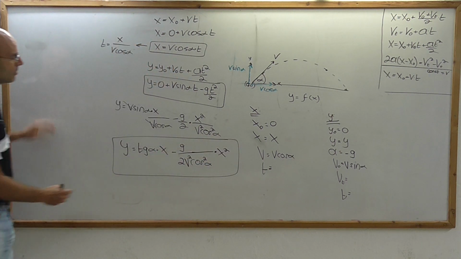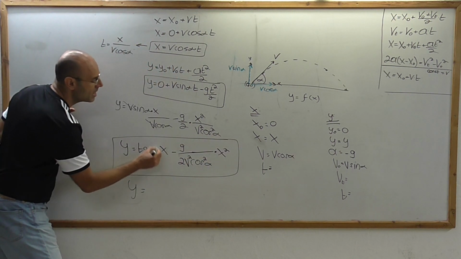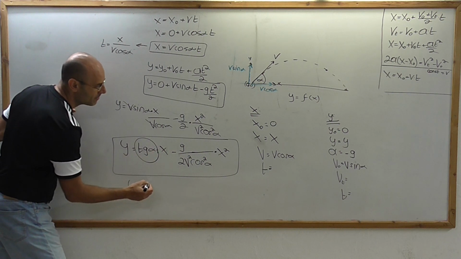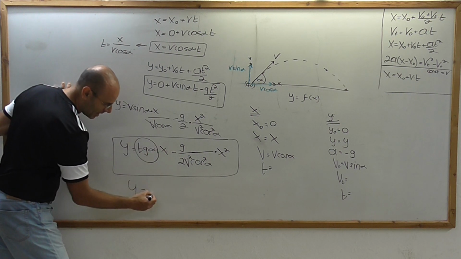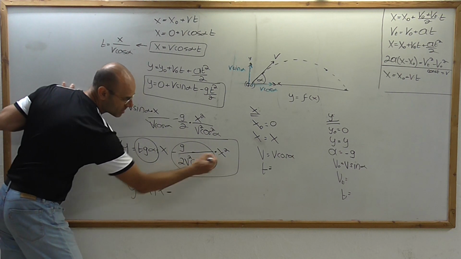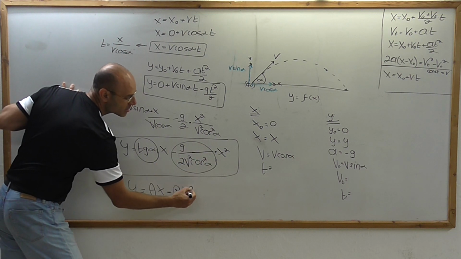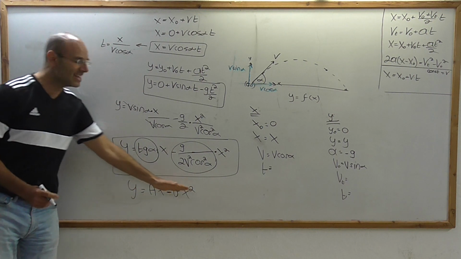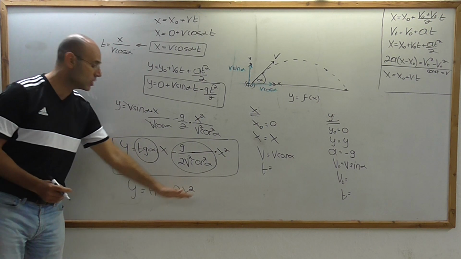Again, look what I got. y equals this constant, like a, x minus this also constant, b, x squared. It's exactly a parabola equation.